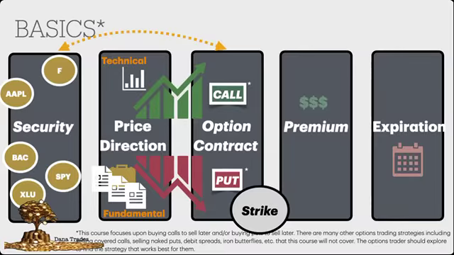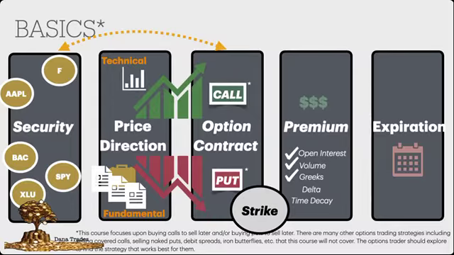Other factors that some options traders consider when choosing the contracts are open interest, volume, and the Greeks, including delta, which suggests the impact on the value of the contract with every dollar increase or decrease in the underlying stock, as well as theta, or time decay, which suggests how much the value of your contract may decrease with every passing day.